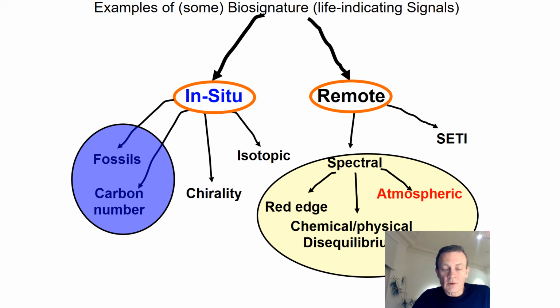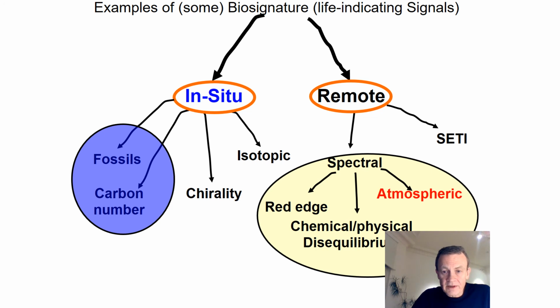These two molecules are not very consistent with each other. They would destroy each other relatively quickly. But on Earth, in the atmosphere, they are present in large quantities because they're both supplied by life. Methane comes from methanogen bacteria and oxygen comes from photosynthesis. So without life, these two compounds wouldn't be present in such high amounts. So their simultaneous presence is a biosignature.